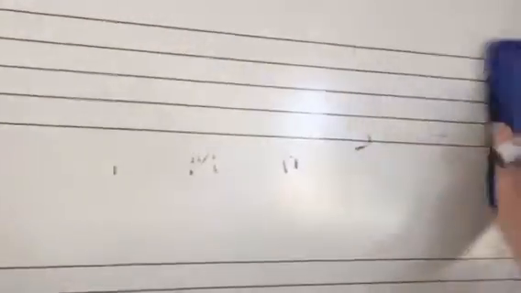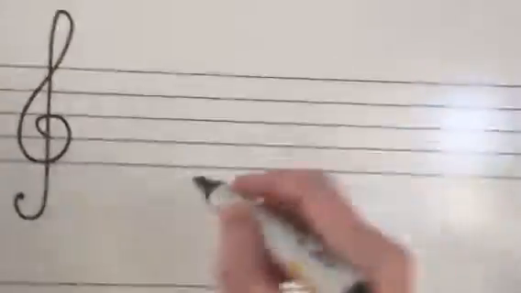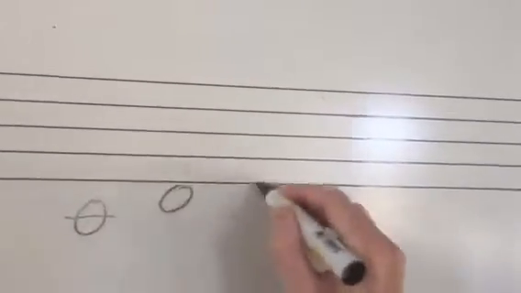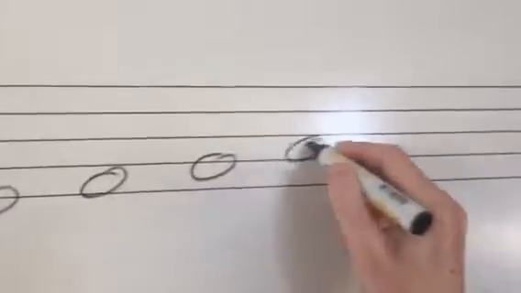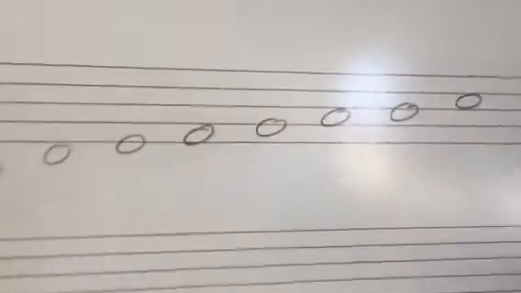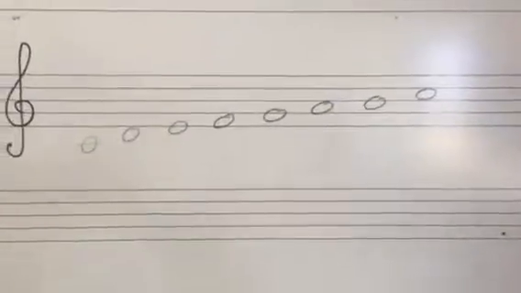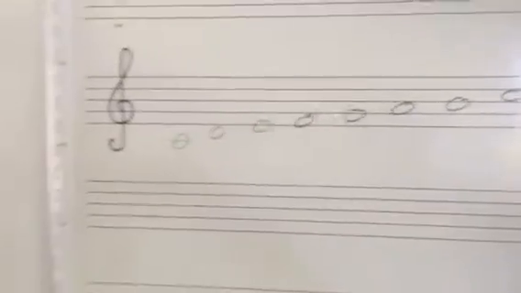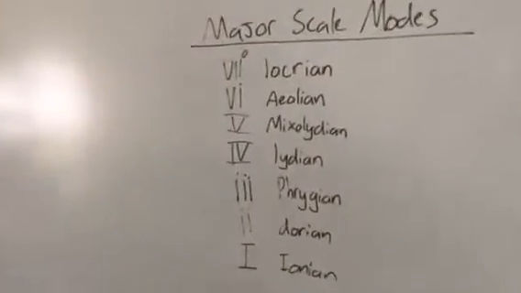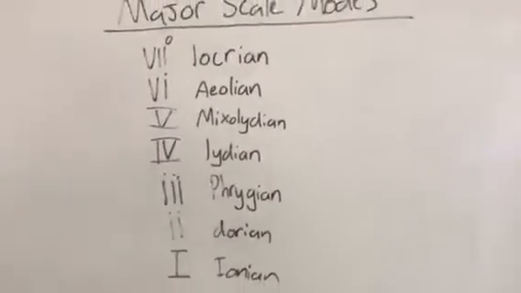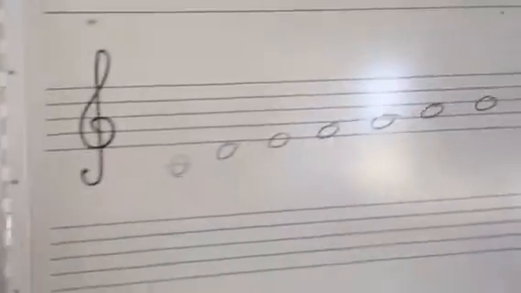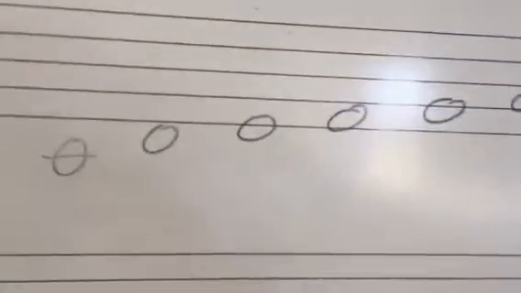I'm going to write out C major again, and we're going to get a Mixolydian mode on the board. So nothing in the key signature, there's C major. We need to start on the 1, 2, 3, 4, 5th note of a major scale to create the Mixolydian mode.